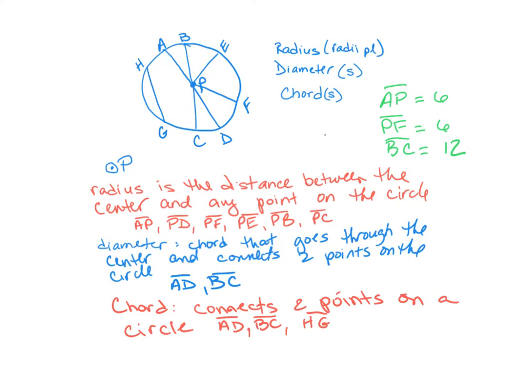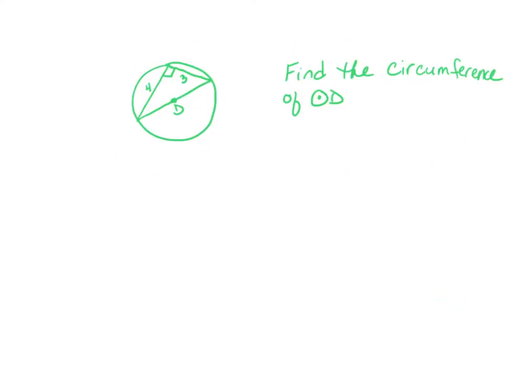You understand that? There's a right triangle in the circle. This is something you're going to learn a little later in this chapter. But if a triangle is created inside a circle and one of the sides is the diameter, it's a right triangle. There's no other way to do it. You're going to learn why that is later, so don't worry about it right now. Can somebody tell me what to do to find the length of the diameter?